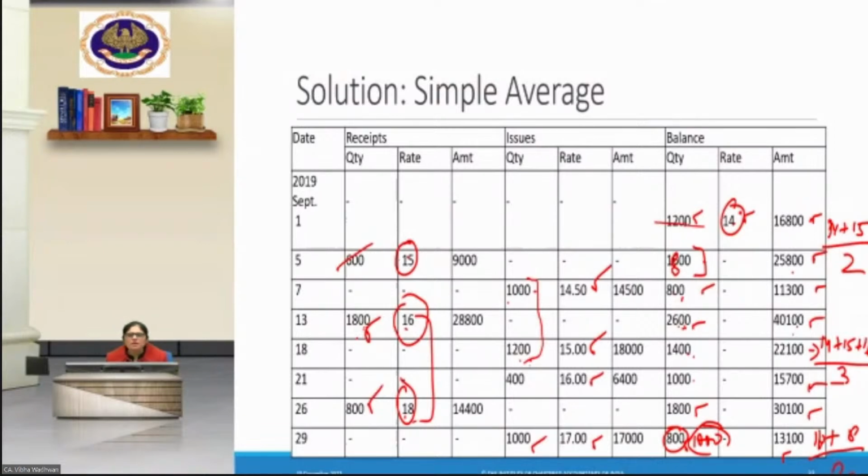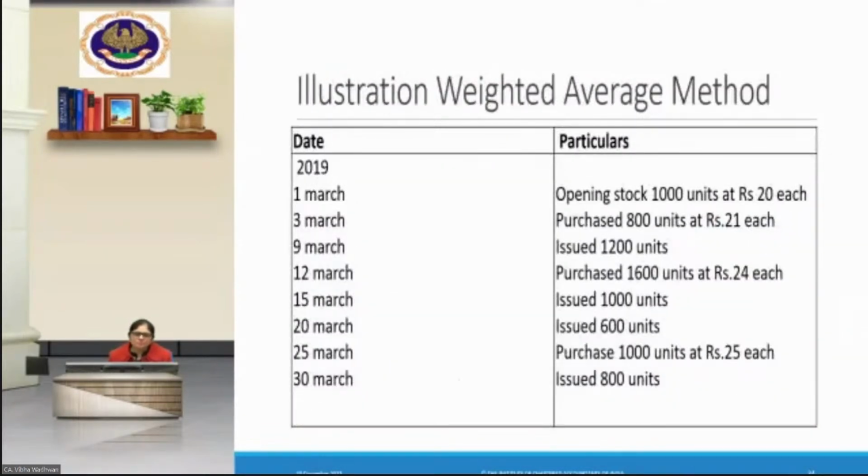Moving to the weighted average method. So quickly take a note of the weighted average method illustration. Click a picture or take a note of weighted average. Students, please redo the question again, as I think you have different answers for closing stock.